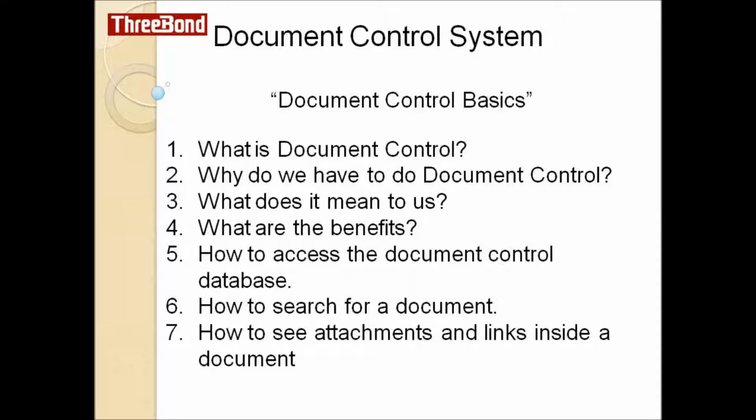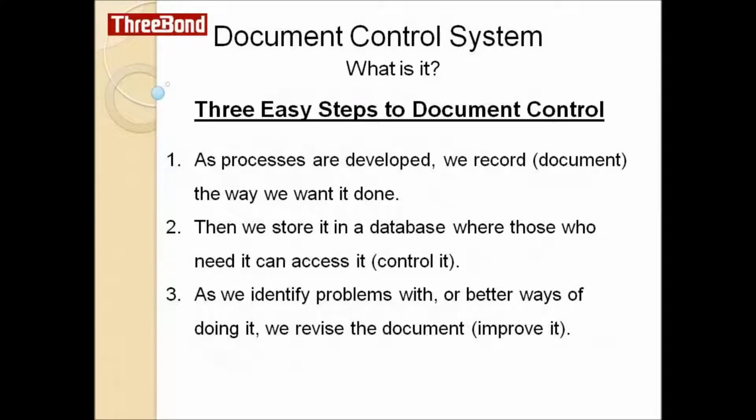So what is document control? While document control systems can be extremely broad and complex, the concept can generally be summarized in 3 easy steps. 1. As processes are developed, we record or document the way we want it done. 2.